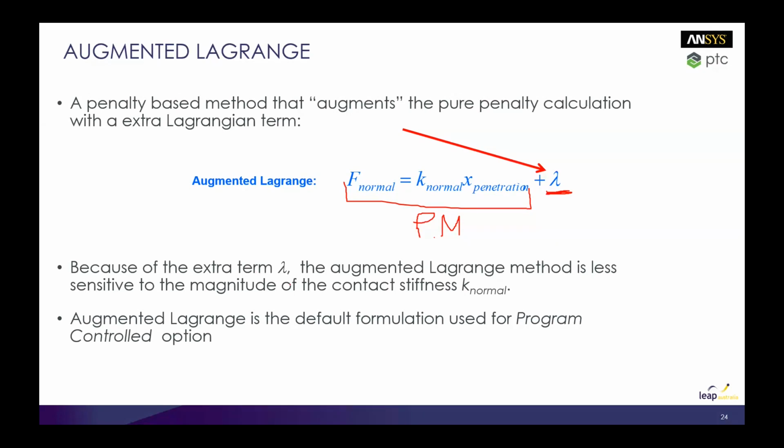Because of this additional term, the Augmented Lagrange method is less sensitive to the magnitude of the contact stiffness. You generally wind up with less penetration for a given contact stiffness. This Augmented Lagrange method is the default method that's used whenever we have program controlled in our contact.